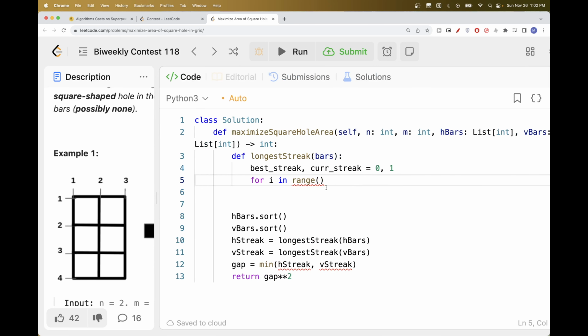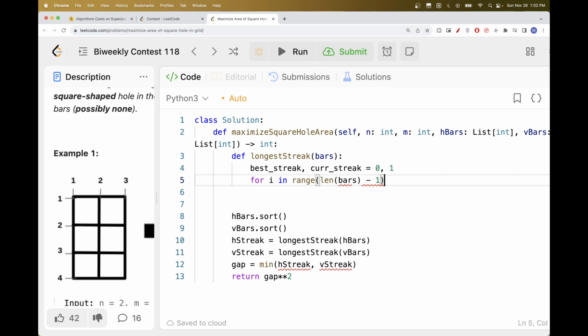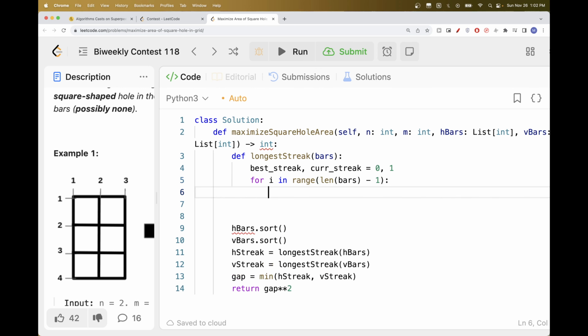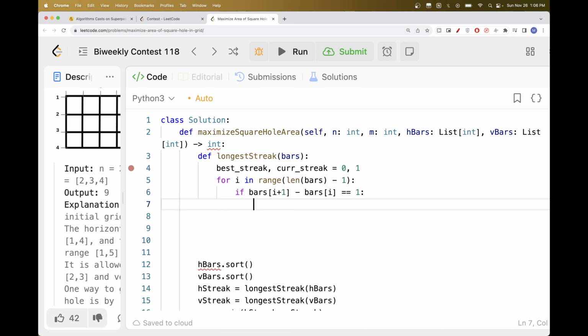So what we need to do here is just go through the length of the bars minus 1, because we want to check against the next one, I plus 1, so we want this to work properly. So in this case, we want to check if we have consecutive bars, so we check if the difference between the next one and the current one is 1, because if they are not consecutive, that means we can't continue the current streak, we can't continue the current gap.